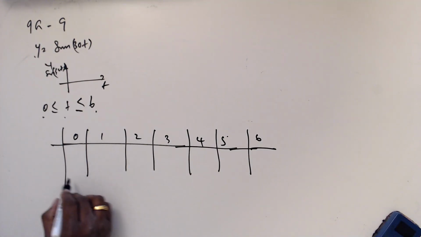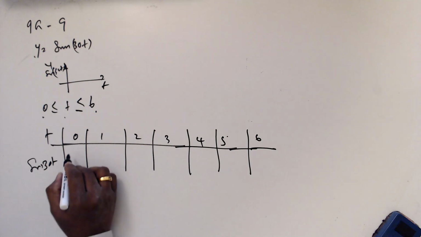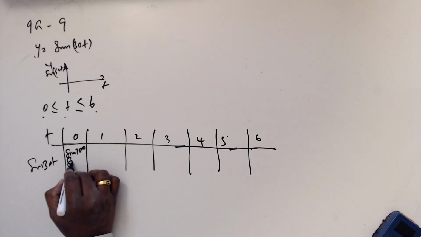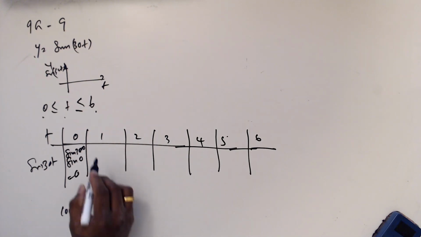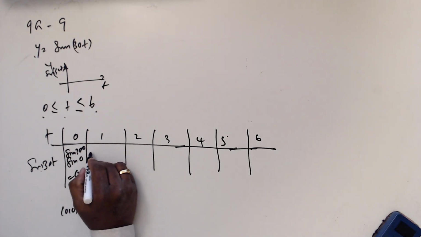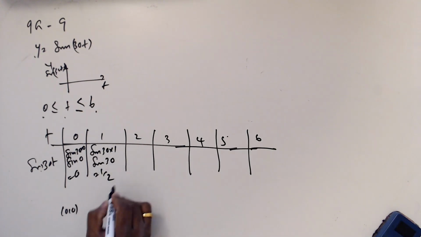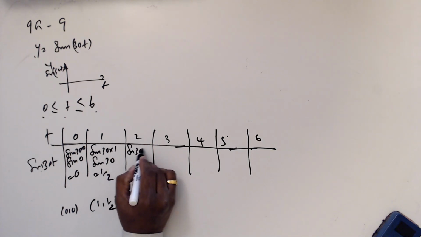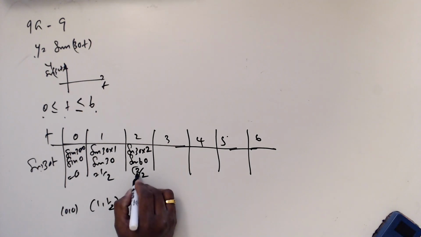Now this is t and this is sin 30t. Sin of 30 times 0 is sin 0, which is 0. So (0, 0). Now t equals 1: sin 30, which is half, so (1, half). Then for t equal to 2, sin 60, which means square root 3 over 2.